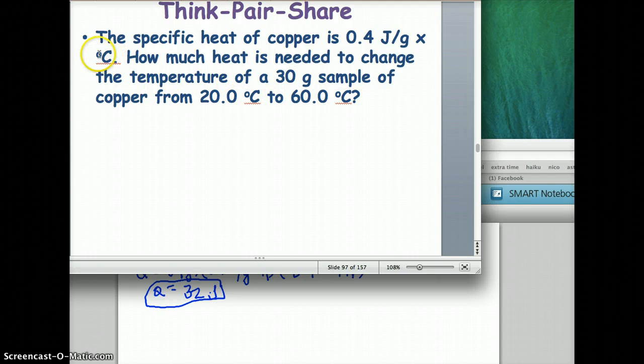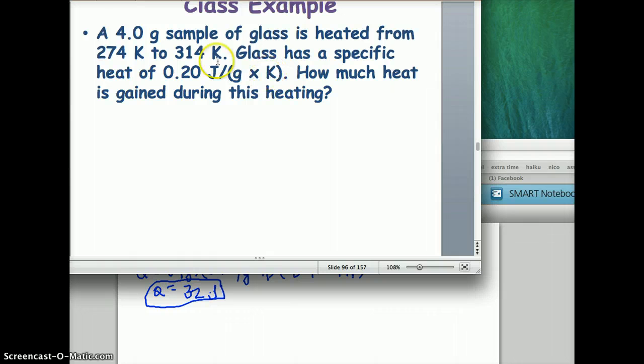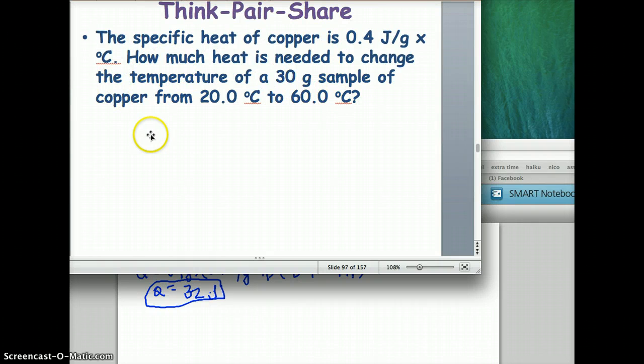If this number happened to be in Kelvin, or Fahrenheit, which we rarely use in science, you would have to change these two numbers into Kelvin too. So as long as they're the same, you're fine. In the last example, for example, Kelvin, Kelvin, Kelvin. You see Kelvin 3 times, you're fine. You see Celsius 3 times, you're fine. Just plug it into the formula.